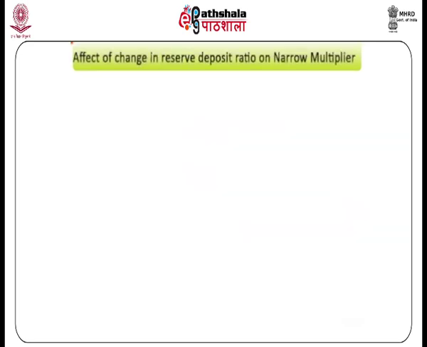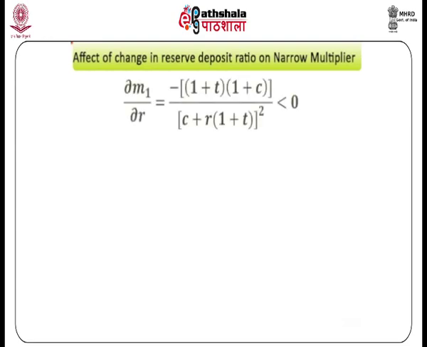Let us now analyze the effect of change in the reserve deposit ratio on the narrow multiplier. By differentiating the narrow multiplier, we get delta M1 by delta R equal to minus (1 plus T)(1 plus C) by [(C plus R)(1 plus T)] whole square, which is less than 0.